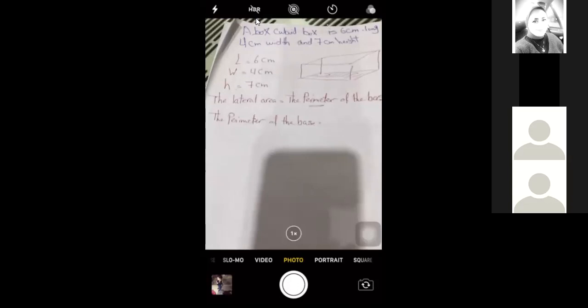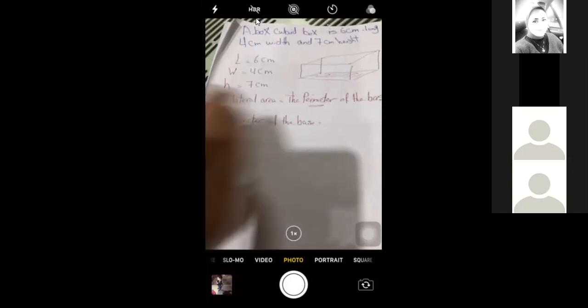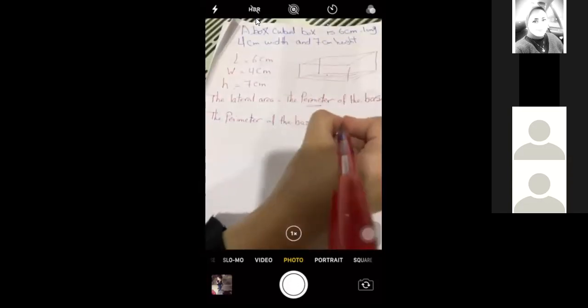Anyone can remember? Length multiply width, so this is the area. Length plus width multiply 2. Excellent, Omar. Length plus width multiply 2.